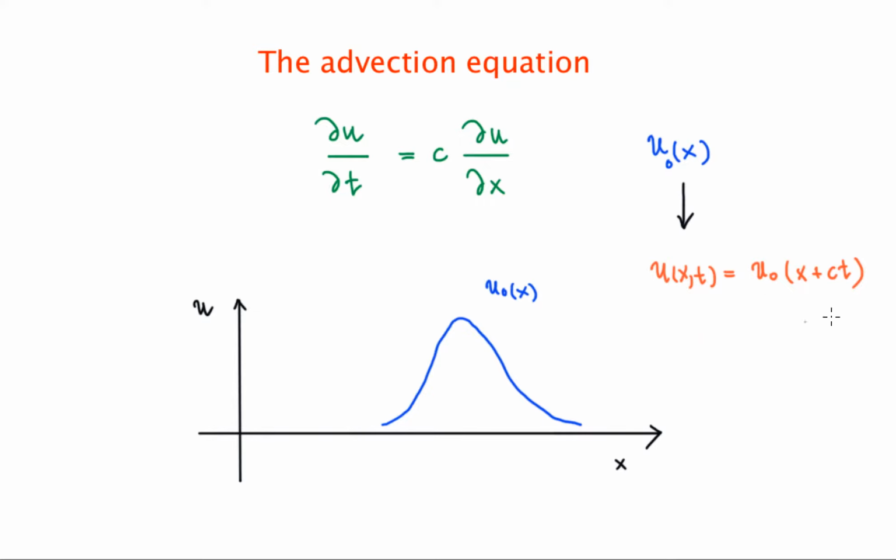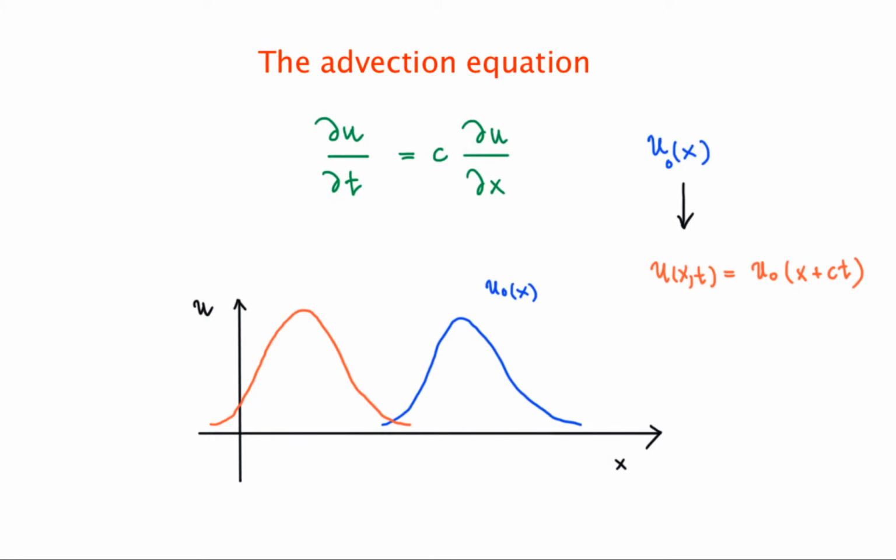Basically it means that the form of the function at any time is going to be the same as the one you have initially. The only thing is that it's displaced, in this case, to the left. It's displaced to the left. But the form, more or less as I have drawn it here, of the orange and the blue functions is going to be the same.